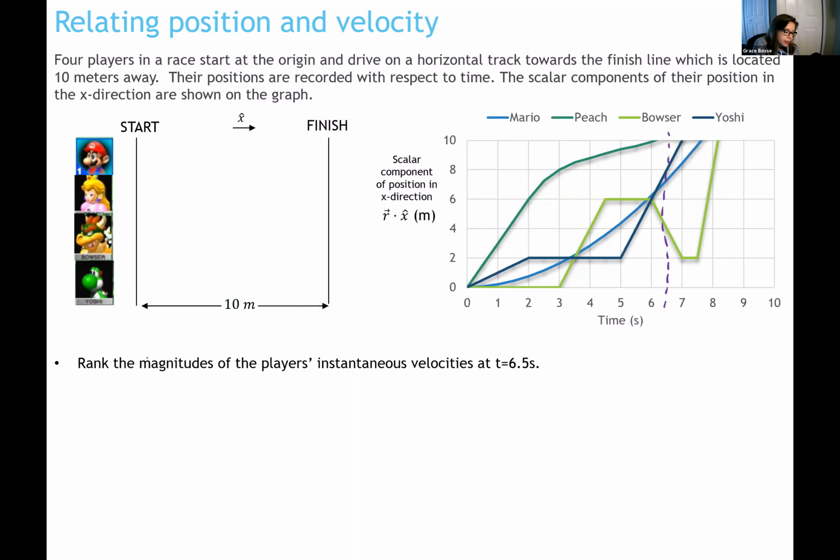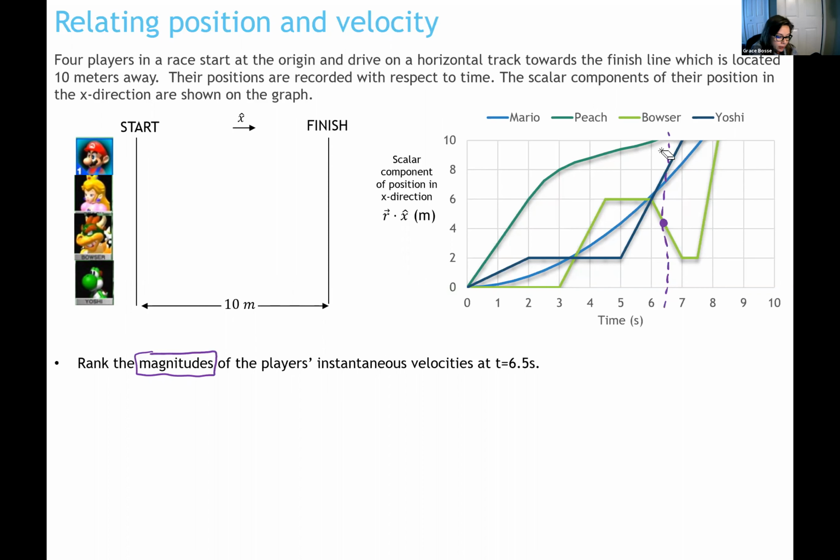And be careful, they did mention here it's the magnitude of the player's instantaneous velocity. And so we're kind of taking the absolute value of the slope. So if you look at the graph here, Bowser actually has a negative slope, that green line, he's sloping downwards. And so his velocity is negative, but I'm only concerned about the magnitude of it. So don't worry about it being negative.